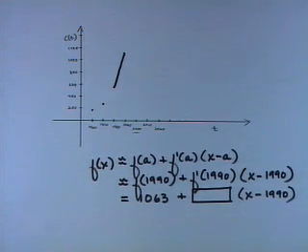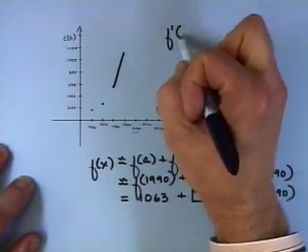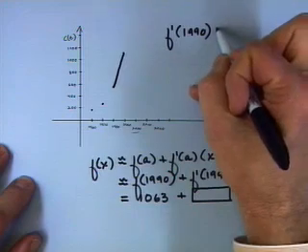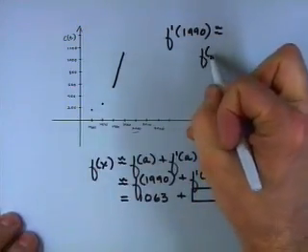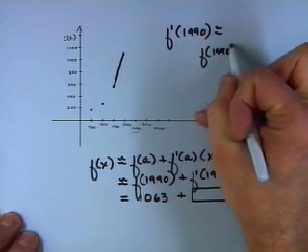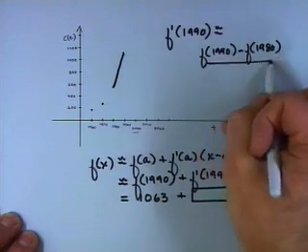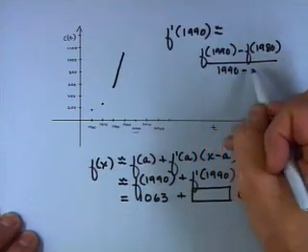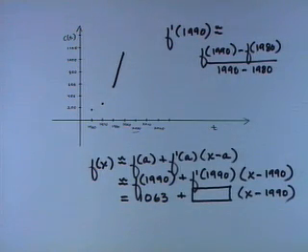So let's go off to the side and do a problem. Actually, I think we can probably do it up here. So the f prime at 1990, we're going to approximate that by the f of 1990 minus the f of 1980 all over 1990 minus 1980. Does that seem reasonable? That's all we have.